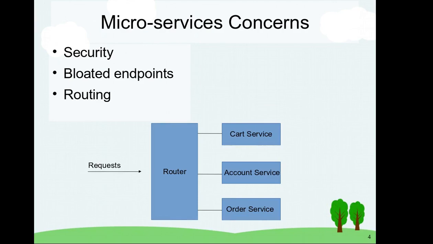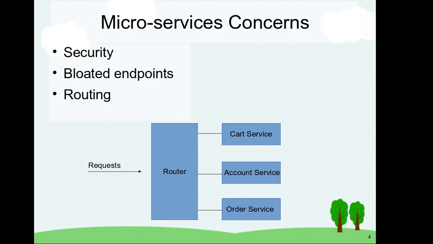So to solve the problem of the bloated endpoint, what we need to do is to have a router or a reverse proxy that will give us a singular endpoint for all our clients and be able to route requests to different microservices based on a certain part of the URL.